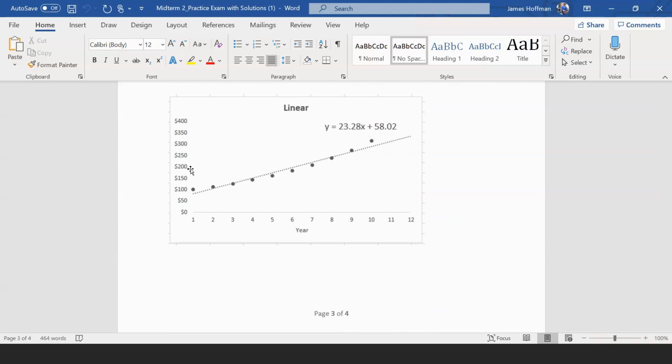So what does the slope of this line mean? Which is 23.28, and so that means that's the average increase over time each year for the sales data. So it looks like $23.28 is our predicted average increase per year.